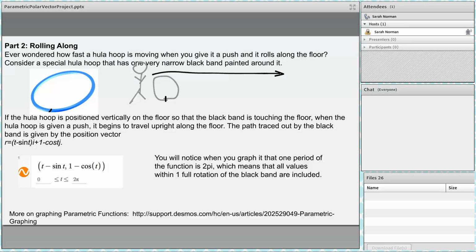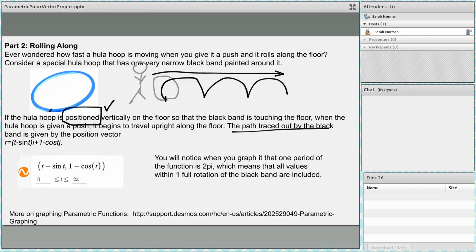So that black band is going to do something like this. Then it's going to touch, and if it keeps going, that black band is going to continually take that path. So that is the position. I guess that's the key word here, is where that black band is positioned.